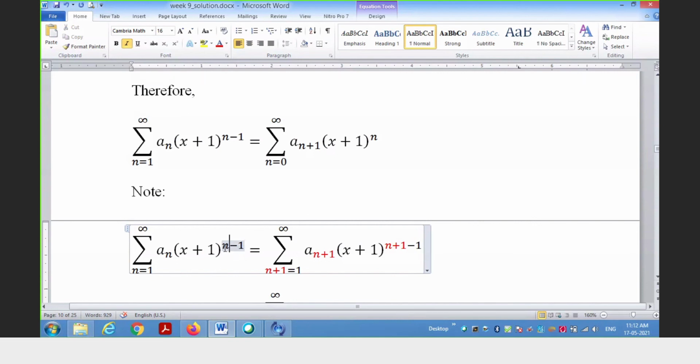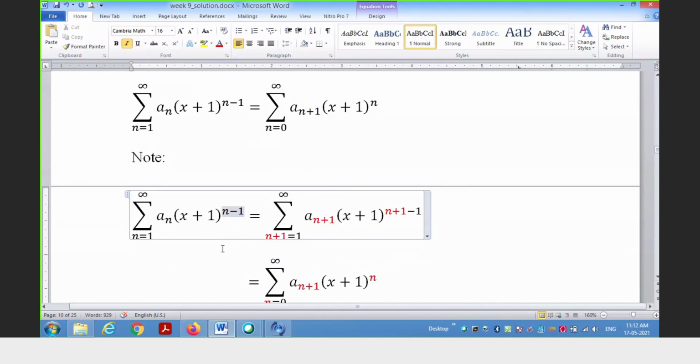So every time you see n, you replace it with n plus 1. So n starting from 1, a_n becomes a_(n plus 1), and x plus 1 remains unchanged. So n minus 1 is replaced with n plus 1 minus 1.